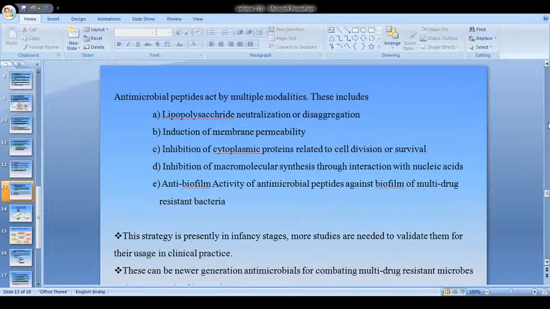And these act with currently available conventional antibiotics by enhancing the permeability of antimicrobials through their membranolytic effect, reducing the dose and reducing the toxicity of the drug.